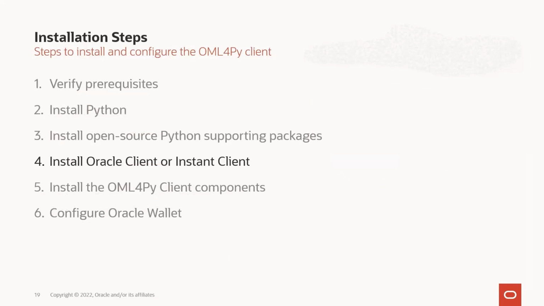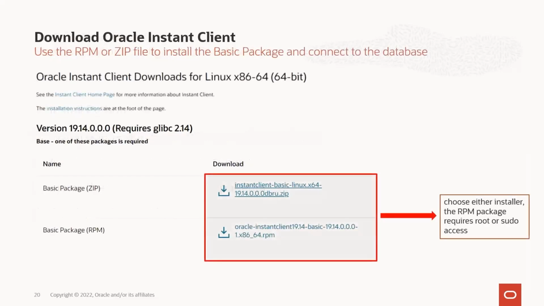Okay, the next step is to install either the Oracle client or Instant client. I'm going to show the installation of the Oracle Instant client in these slides. The Instant client is available from oracle.com downloads, and you can download either the RPM package or the zip package.